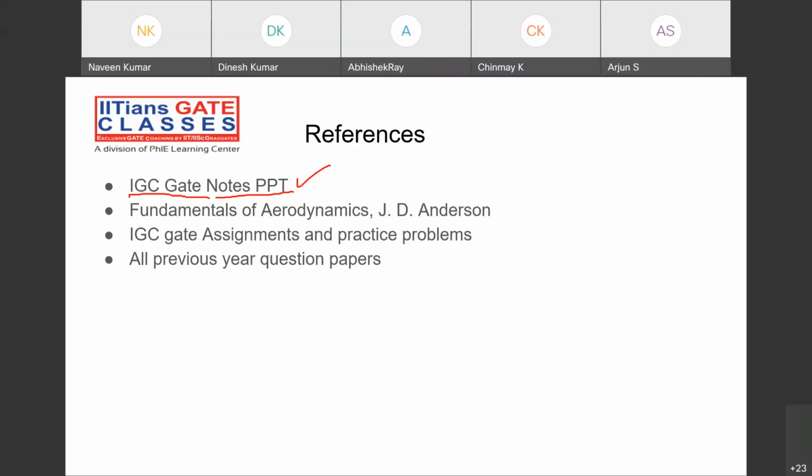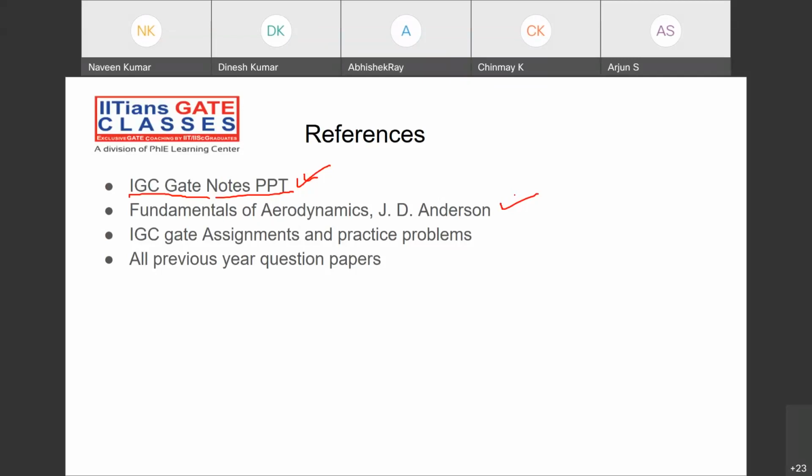With that, for the numerical portion and assignments, you have to do them from the IGC GATE assignments and practice problems. For reference, you can go to Fundamentals of Aerodynamics by J.D. Anderson. In my full career, I have used this book only. Some more references for particular topics I'll give whenever we move ahead, for that particular section only.